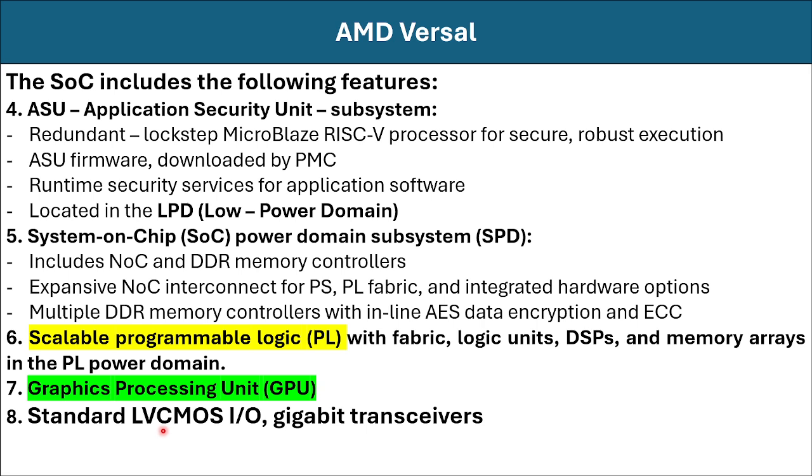And standard LVCMOS input-output, gigabit transceiver. We will check in full what that means, but not at this point. It's maybe important just to mention it for now, just to remember that we need to take care about it.